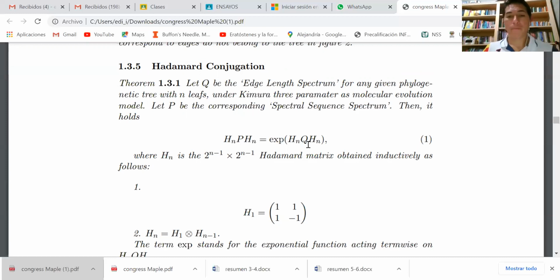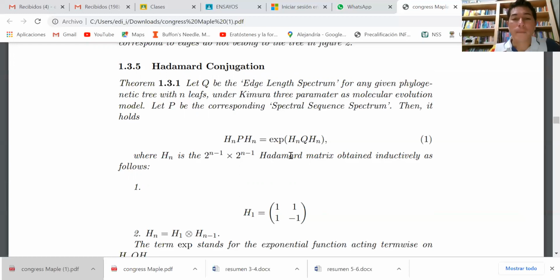Matrix Q includes the expected number of substitutions on different edges on a phylogenetic tree, that explains the ancestral relations for these current lineages. Okay, this is the main theorem.